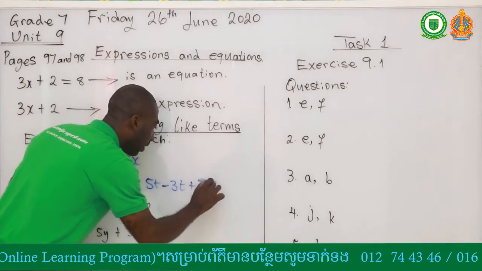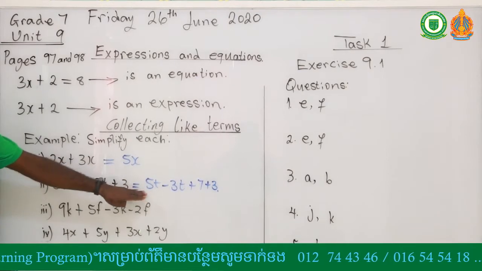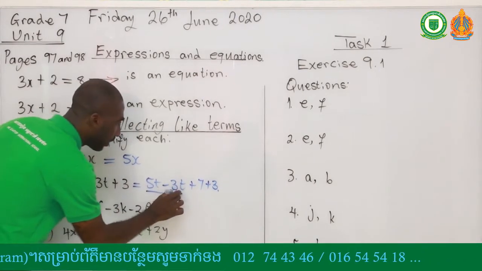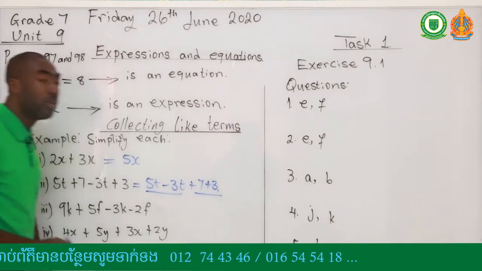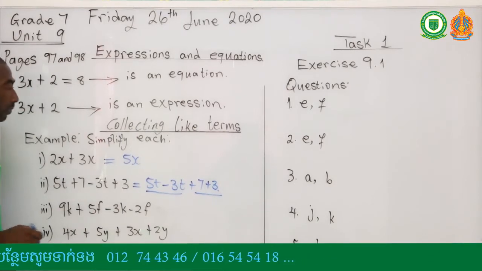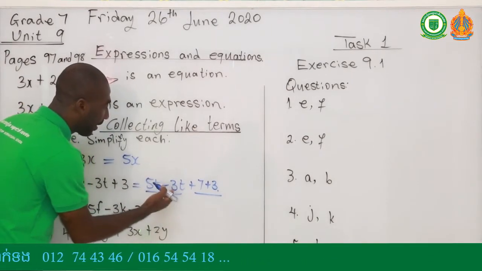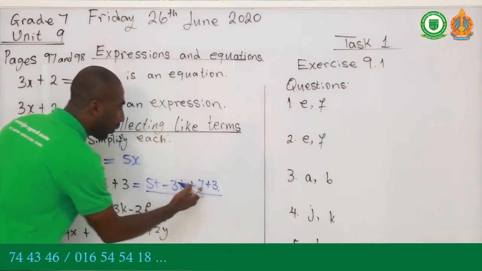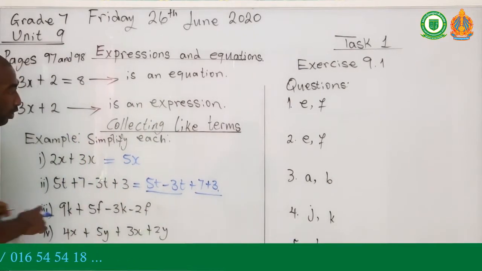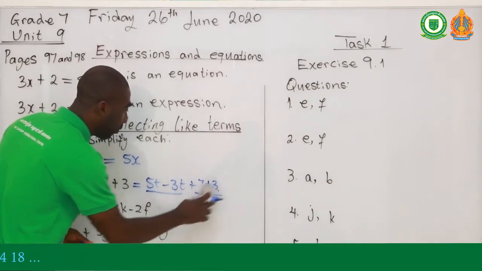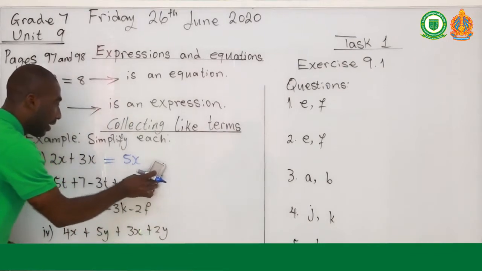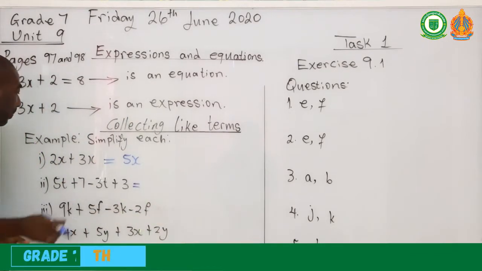Okay. So now you see this is like, and then this is also like. Okay, so now we can subtract our 3 from the 5, and then we add these 2. But because of space, and so you understand it this way, we're going to erase this one, and then we'll put our final answer over there.